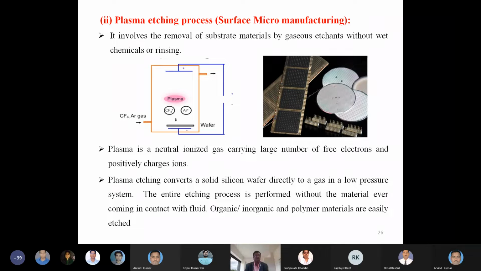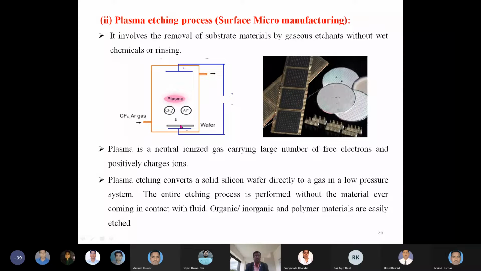In the plasma setup, at one end there will be a wafer on which we want to perform the surface manufacturing, and it is placed inside the chamber. In the chamber, a plasma is generated between the positive and negative ions, which move from positive to negative.